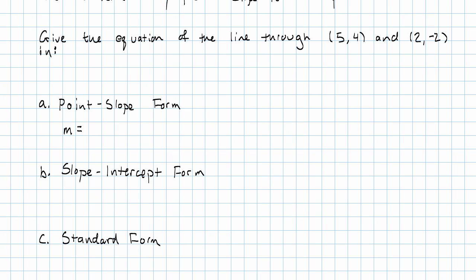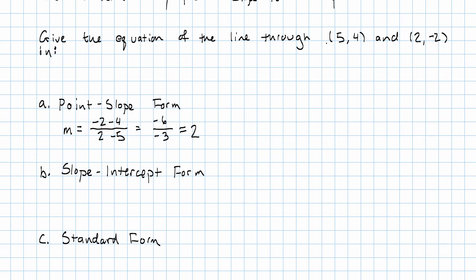The slope is the change in y, so -2 minus 4, over the change in x, 2 minus 5. -2 minus 4, that's -6. 2 minus 5, that's -3. -6 over -3 is +2.